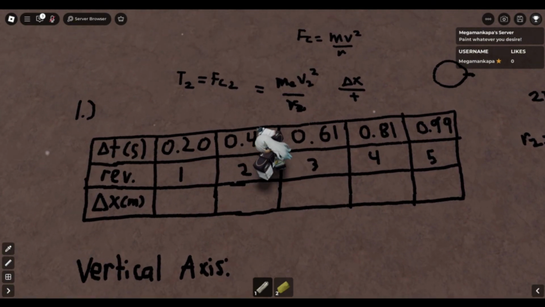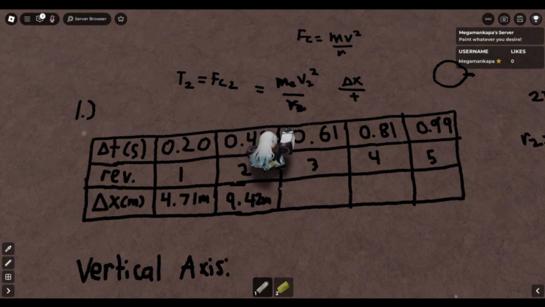Well, let's do it. 2 pi r2 times 1 is simply 2 pi times 0.75, which is 4.71 meters. Well, let's move to the next one. Now it's 2 revolutions. 2 pi times 0.75 times 2, which is 9.42 meters.